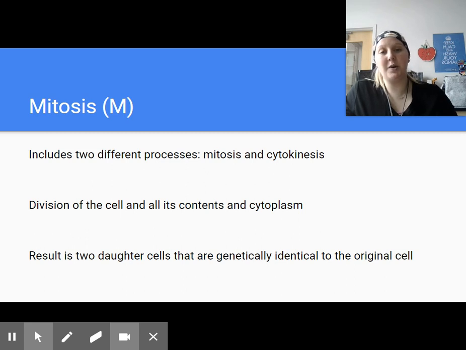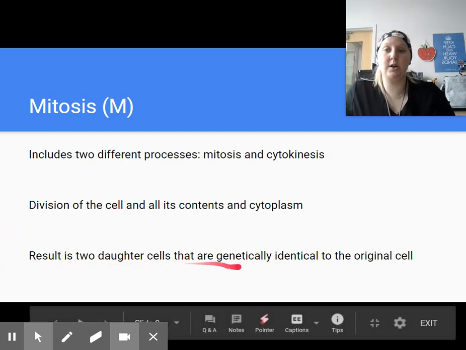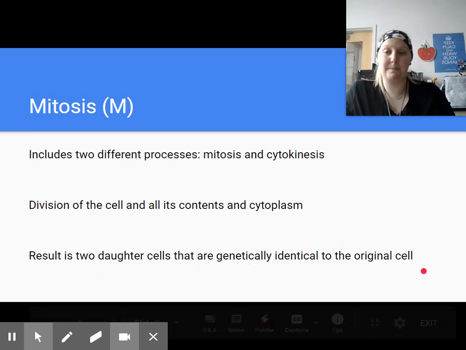This is because we want skin cells to constantly replicate skin cells. We do not all of a sudden want a liver cell to be growing on our shoulder. That means something isn't working properly. So we want our cells to be genetically identical in the end.